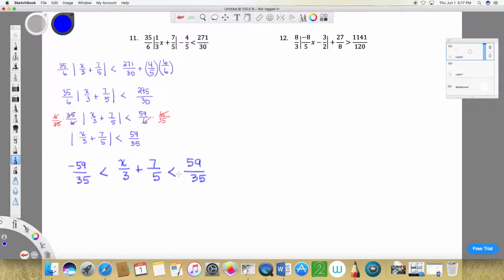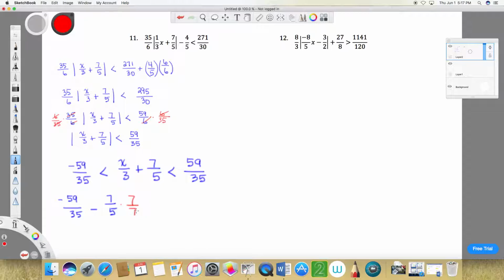All right, so with a variable only in the middle part, we don't have to separate this into two inequalities unless you just feel comfortable doing that. I'm going to subtract 7/5 everywhere. So here, with this fraction, if I subtract 7 over 5, I want a common denominator. So I'm going to multiply this by 7 divided by 7.